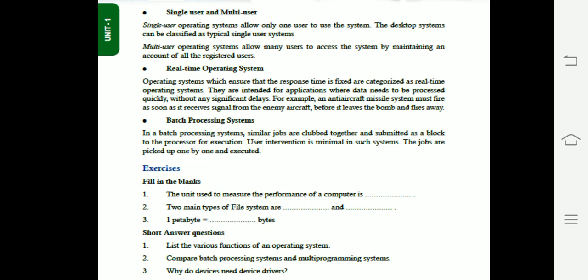They are intended for applications where data needs to be processed quickly.